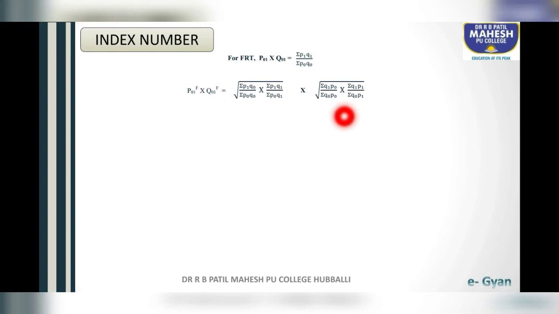How to write it? You just replace P by Q and Q by P. So Fisher's quantity index number is summation Q1 P0 divided by summation Q0 P0 into summation Q1 P1 divided by summation Q0 P1.